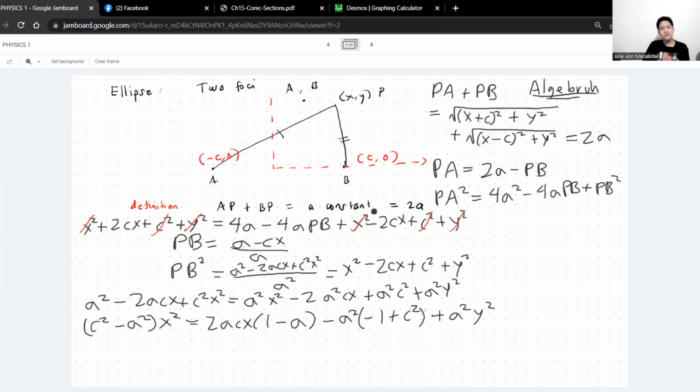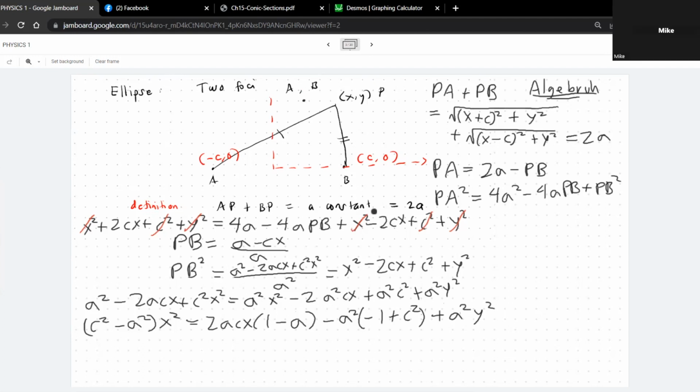Y ay 0. C. Hindi, tingnan mo yung starting equation natin. Y is 0. What is x? C or negative C po, plus minus C.